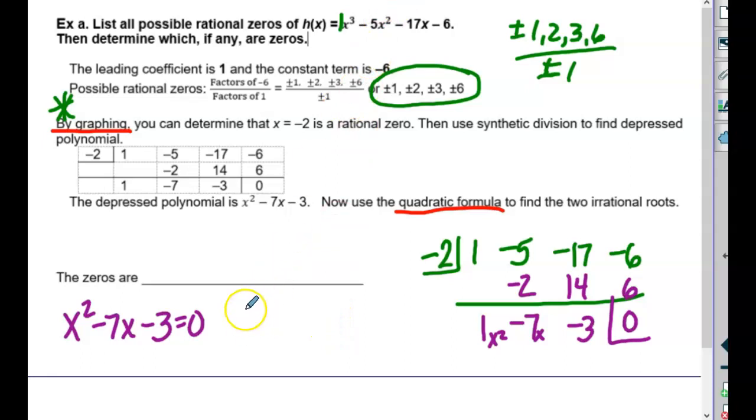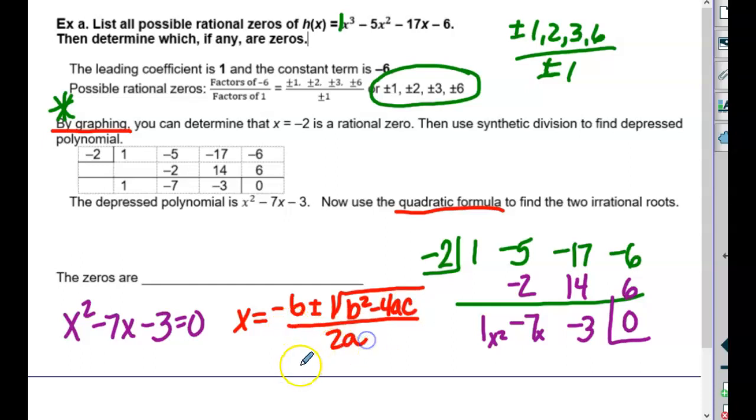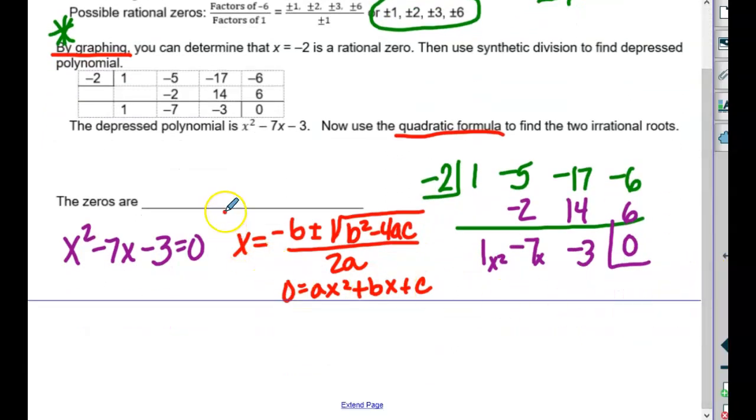So the rule is x equals the opposite of b plus or minus the square root of b squared minus 4ac all over 2a, as long as you have 0 equals ax squared plus bx plus c. So this is what the quadratic formula looks like.